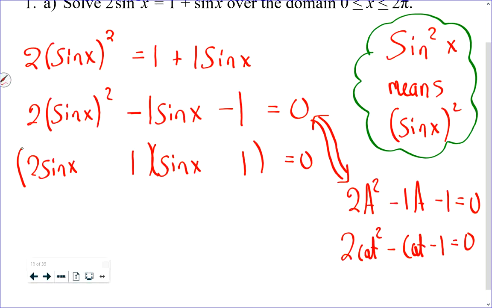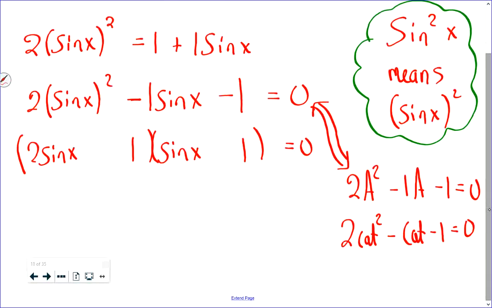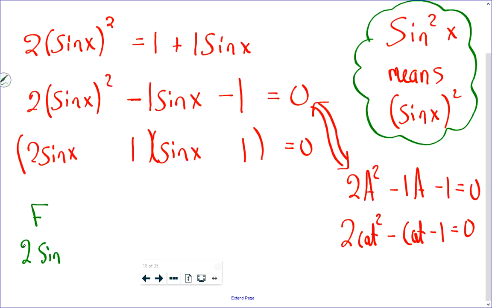So what I'm about to write in green is not necessary to write, but some of you might benefit from it. When I FOIL this out, my first will be 2 sine of x times sine of x, which is 2 sine of x quantity squared, and that's what I want.